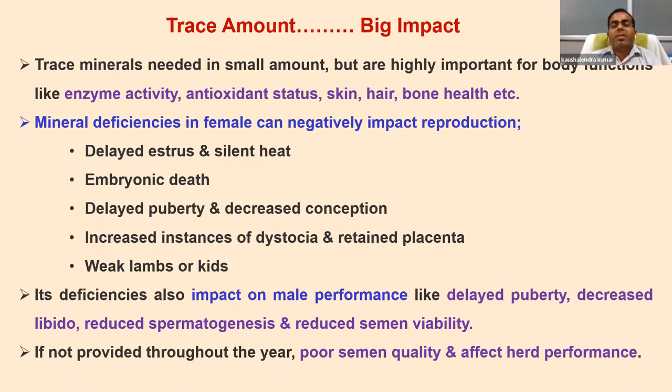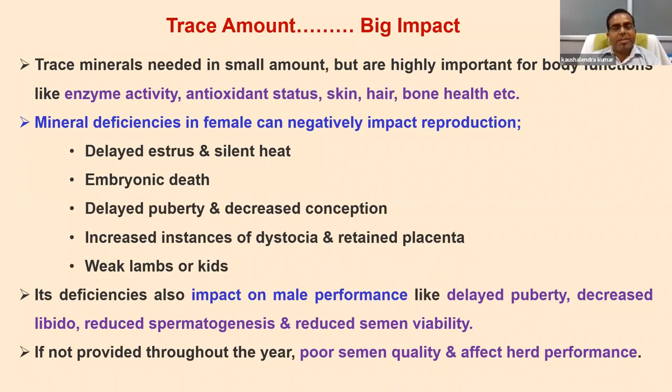They protect the skin and are associated with hair and wool. They are associated with bone development, structural development and health condition. They also work in immunomodulation and different other functions of the body.